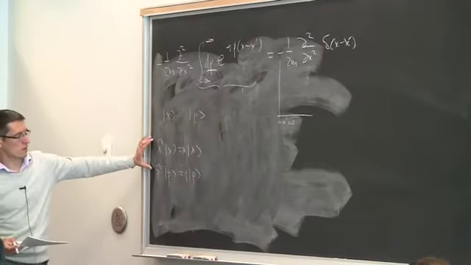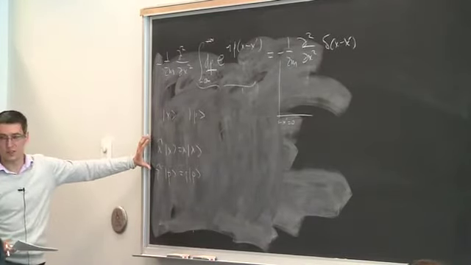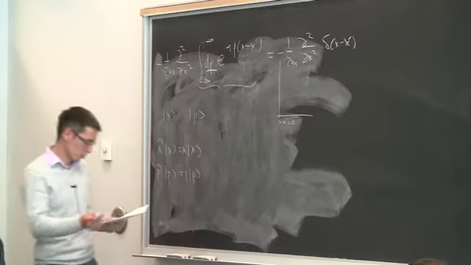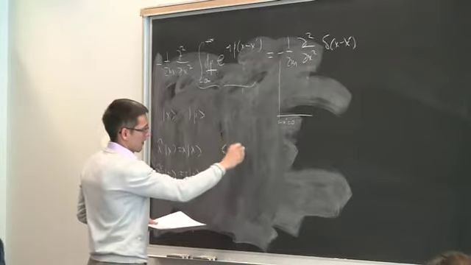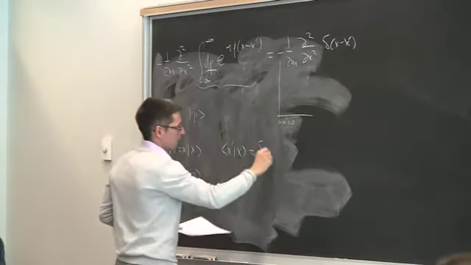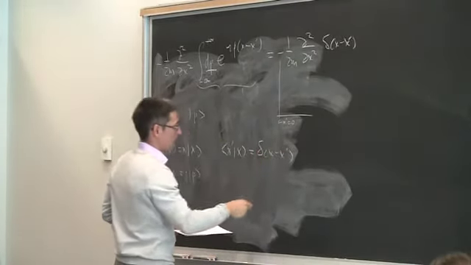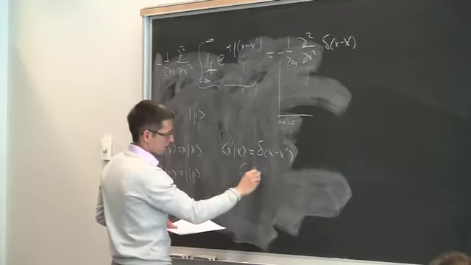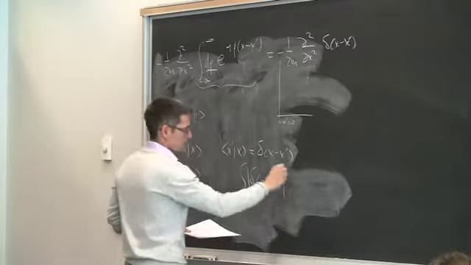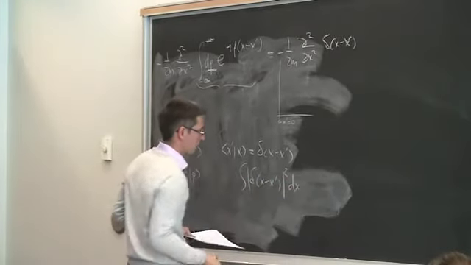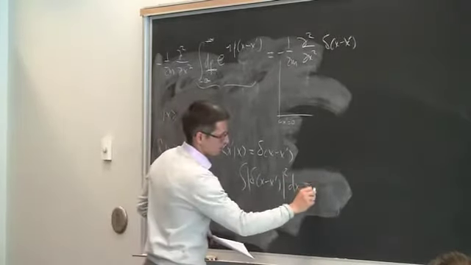That's one of the difficulties, I guess, in measuring position and momentum, because the spatial representation of x is a delta, and if you form the integral of delta x minus x prime squared dx, that's going to be infinity.